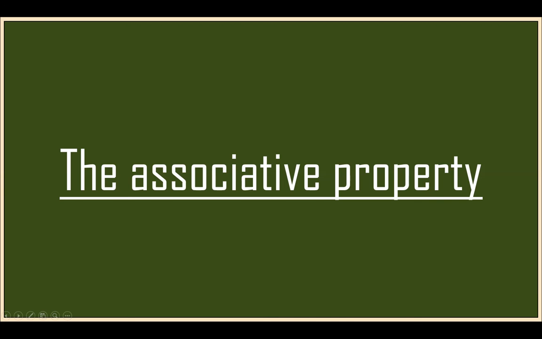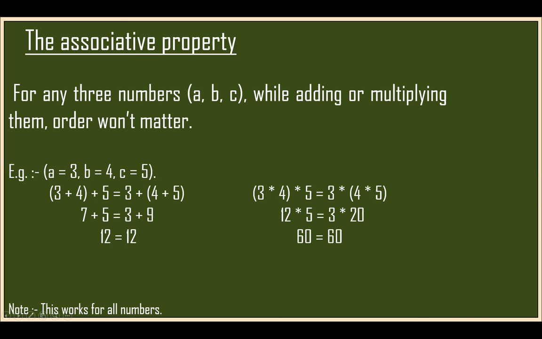Now let us talk about the associative property. What does it say? Again, we have three numbers. For any three numbers A, B, C, while adding or multiplying them, the grouping won't matter. What does that mean?